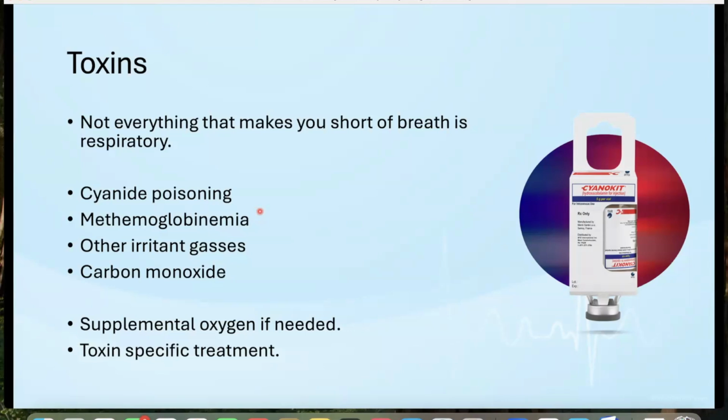We need to get them on high flow oxygen, even though their pulse ox may be normal, because that high flow oxygen is going to help to essentially shove that carbon monoxide off of the hemoglobin and allow the oxygen to connect again. And then there's obviously toxin-specific treatment such as the cyanokits. So if someone is having cyanide poisoning, we want to try and aggressively get them cyanokit.